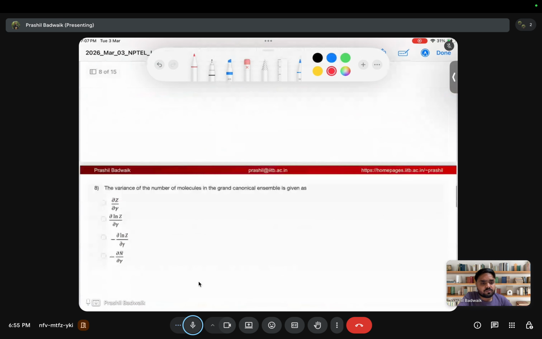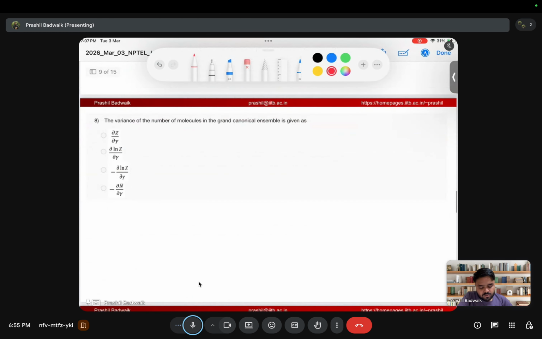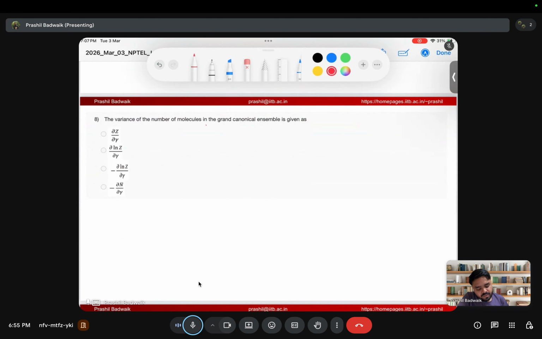All are the theoretical questions. Now variance, again it is asking for the variance, just like we used to calculate what is the variance of Q(N,V,T) with respect to beta, which was giving us the value of average energy, right. Here, del Q(μ,V,T) divided by del gamma.